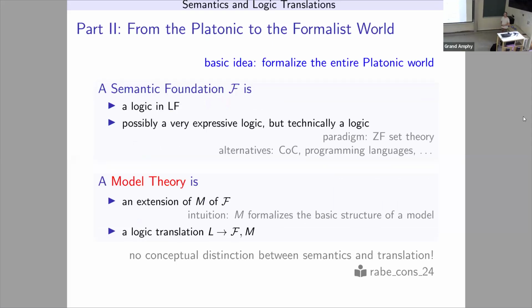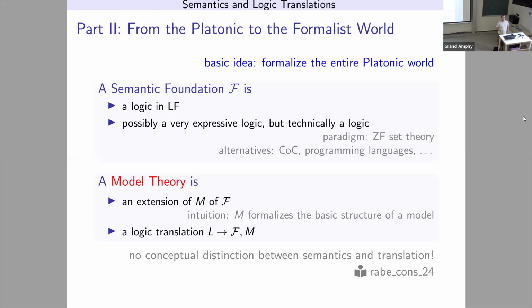And then the other way around, starting with the Platonist intuitions, going to the formalist perspective, what we have to do is we have to formalize everything that the Platonist assumes in the framework. I've already indicated that we can, for example, formalize a set theory in a relatively straightforward way. And alternatively, we could do calculus of constructions or any programming language, whatever we want to assume to be the meta language in which the semantics is expressed.